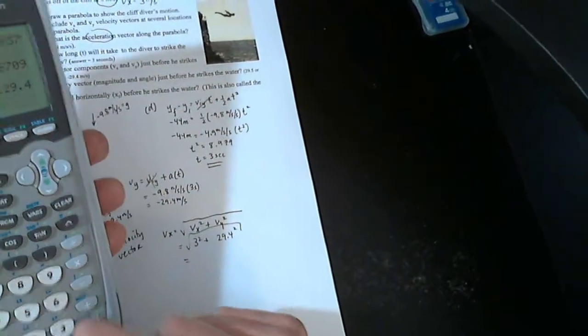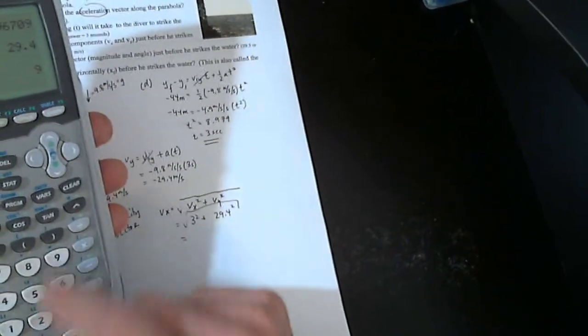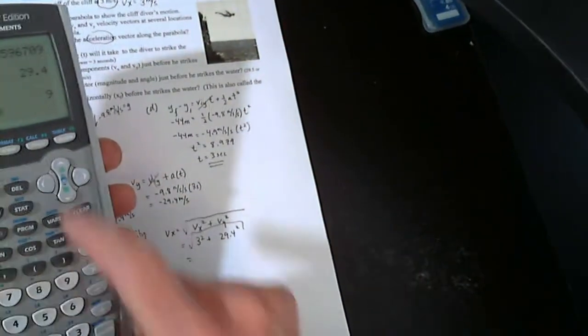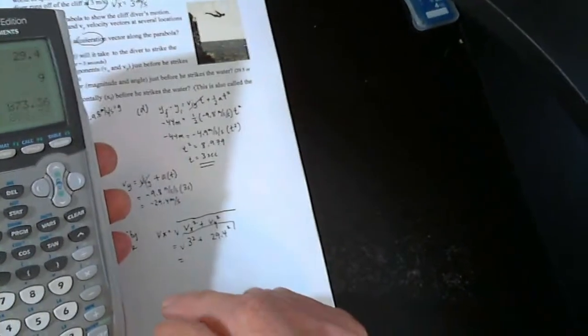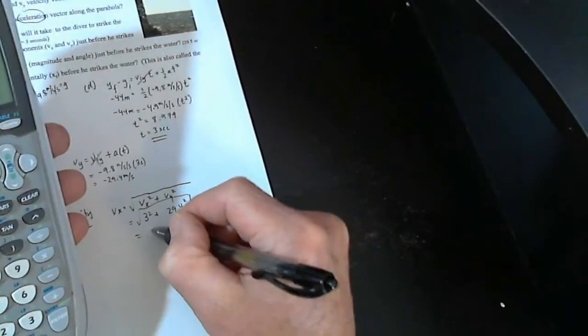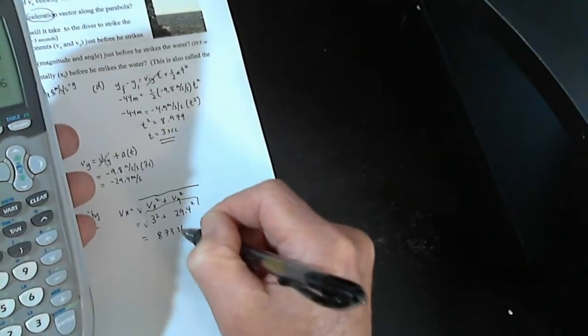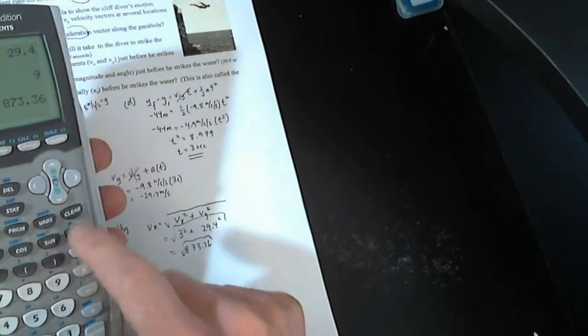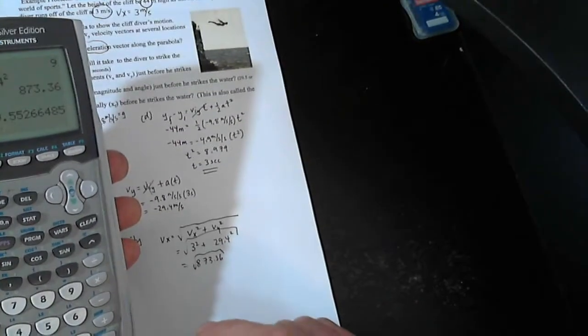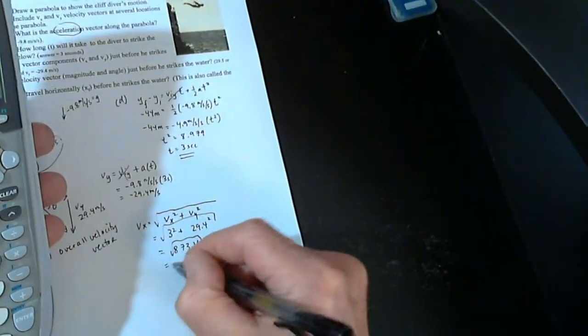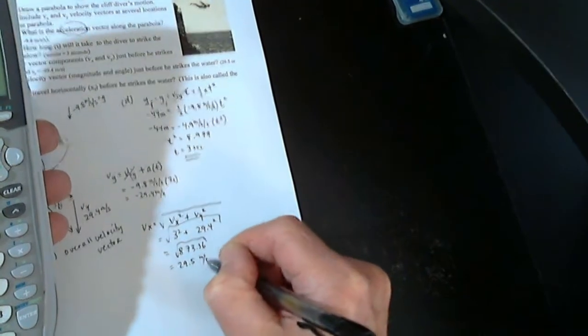On my calculator, I take 3 squared plus 29.4 squared, add that all up, and I get 873.36, but I have to take the square root of all that. So I take that to the half power, and I get around 29.5 or 29.6 meters per second, depending on how you round it. This represents how fast he enters the water.